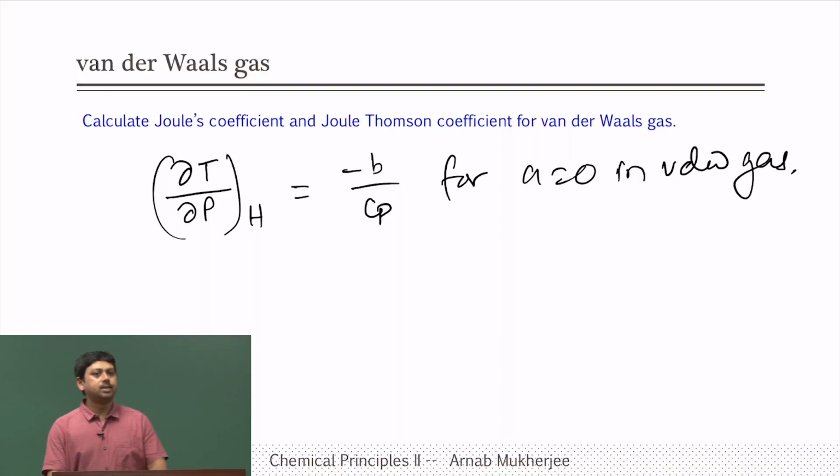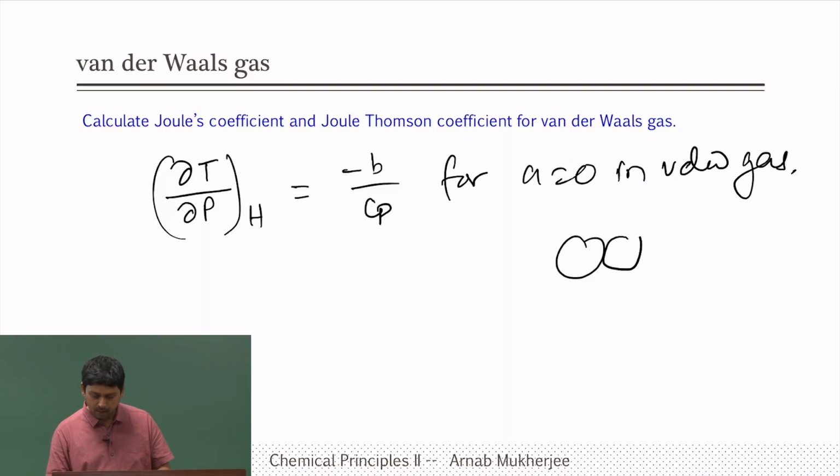Now, why is that the case? Because here the B parameter prevents the particles from going into each other. It is a repulsive type of interaction. So, wherever there is a repulsive type of interaction, you are going to get a negative Joule-Thomson value, such that it will get heated up rather than cooled down.